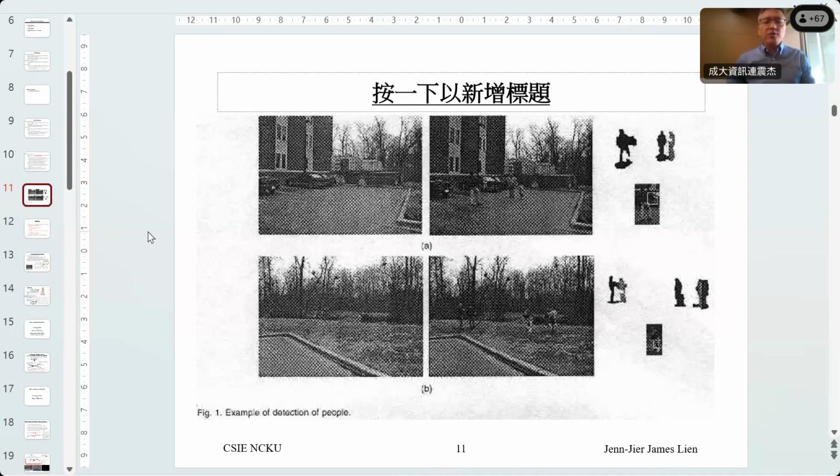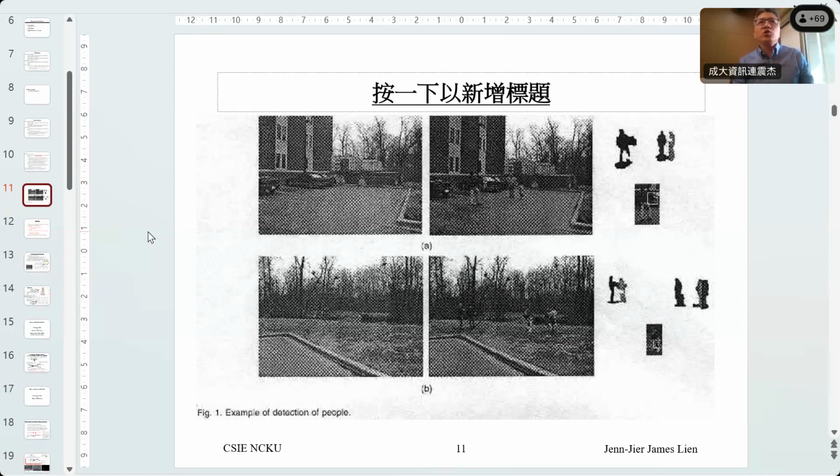We do detection, we do tracking, we do recognition, and background subtraction is one kind of detection. When you do deep learning, for example, you use Faster RCNN to detect the object. That's one method. The other method is background subtraction.